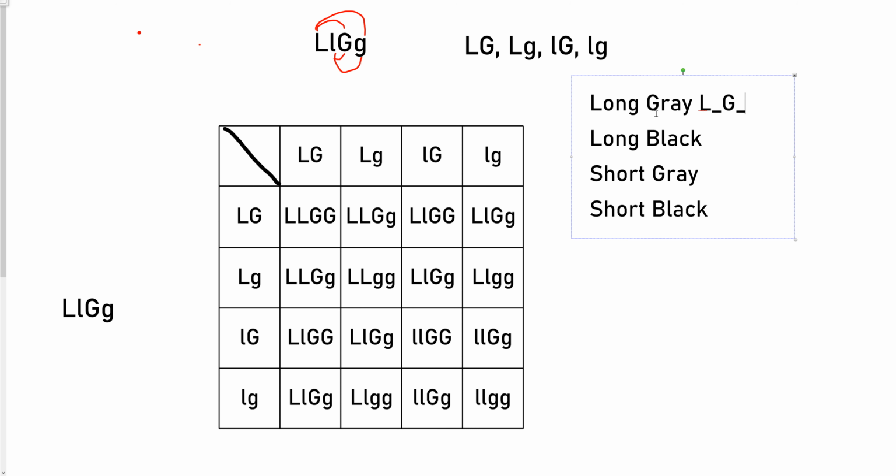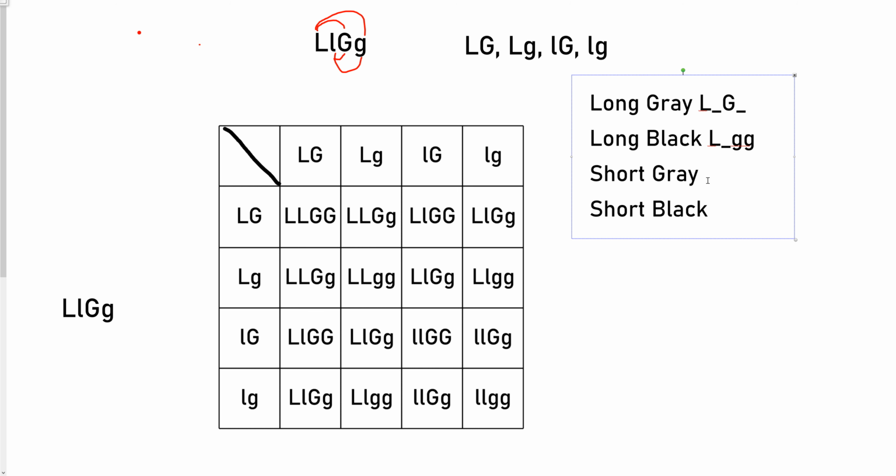Then here, the genotype for long carries a big L, and we don't really care what the other copy of the gene is, right? Because if it's got a big L, boom, it's long, because long dominates short in this system. And then for black, the only way to have black-bodied is to have lowercase g for both.